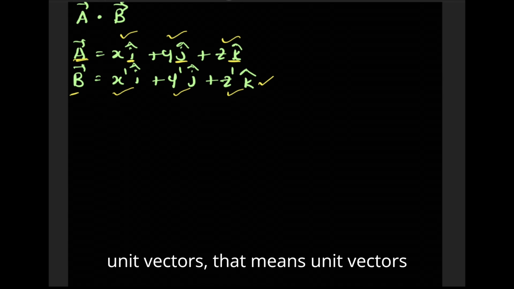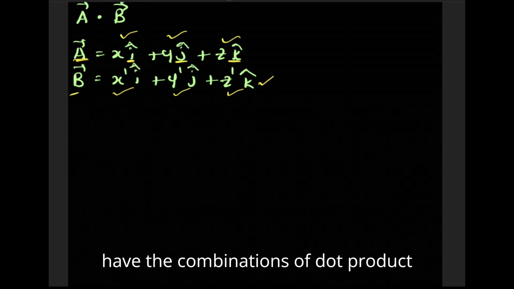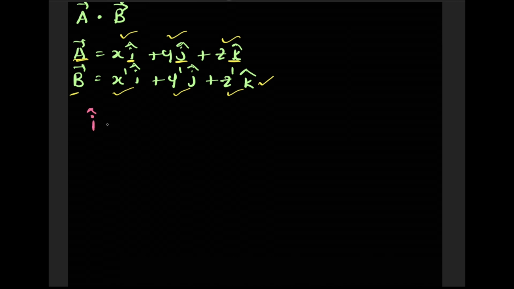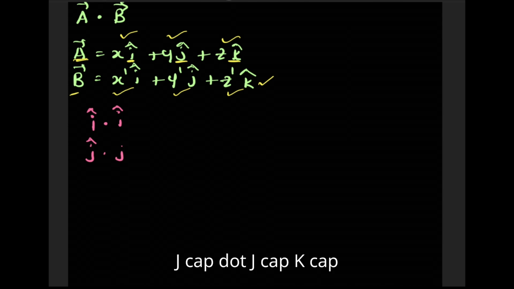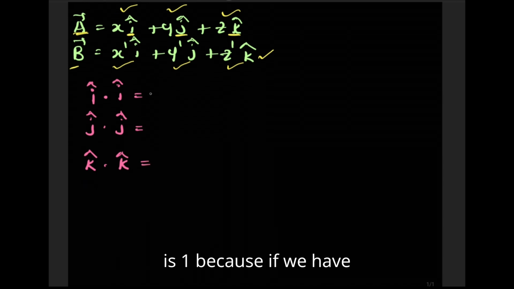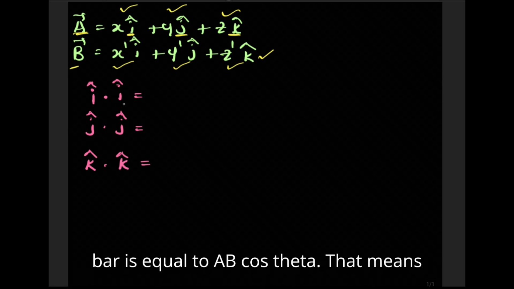We have 3 directional unit vectors, that means unit vectors along 3 coordinate axes, so we will have combinations of dot product between them in such a way that i cap dot i cap, j cap dot j cap, k cap dot k cap is 1, because by the basic definition of the dot product of two vectors, a bar dot b bar is equal to ab cos theta.